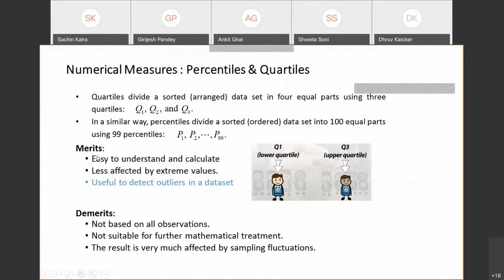Now, for merits: easy to understand and calculate. We have predefined categories. If I'm saying quartile 3 is at 100 for this particular data, then I would say 75% of the values in this data are below 100, less than or equal to 100. And it is less affected by extreme values. Why? Because it is a simple recategorization of data. We are not calculating or measuring anything.